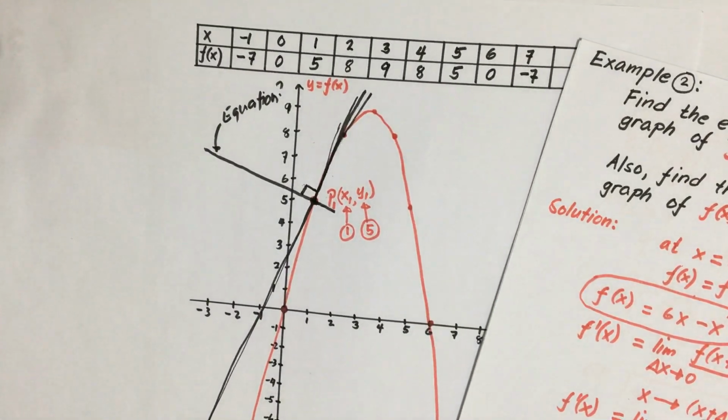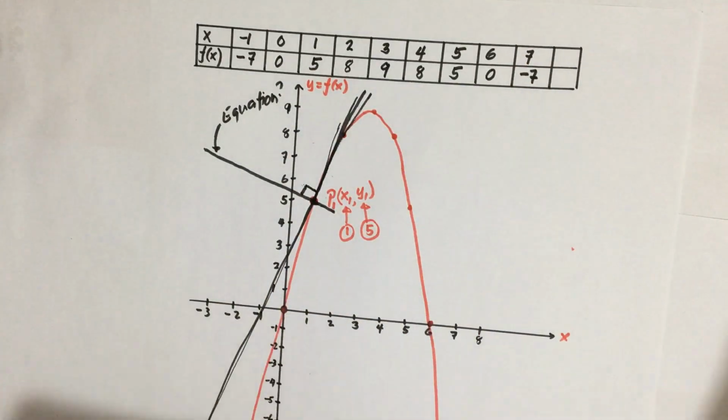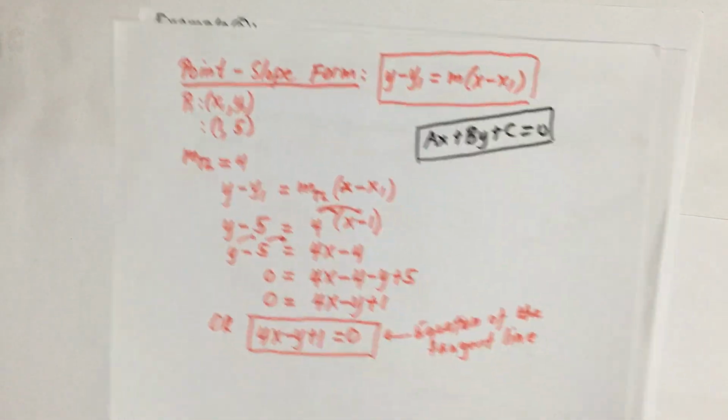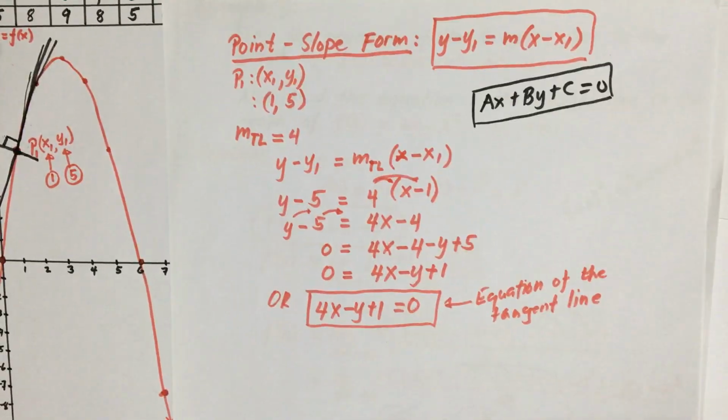Okay, so how to find the equation of the normal line? There is a relationship between the slope of the tangent line and the normal line. So what is it? The relationship is something like this, class.